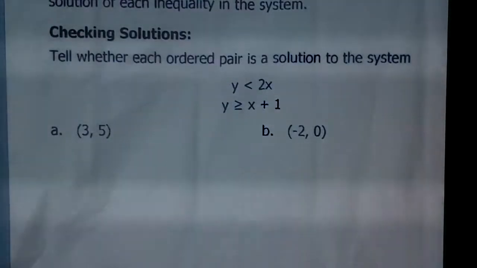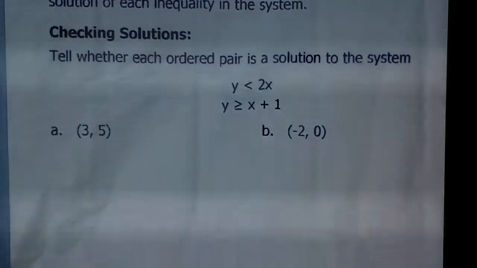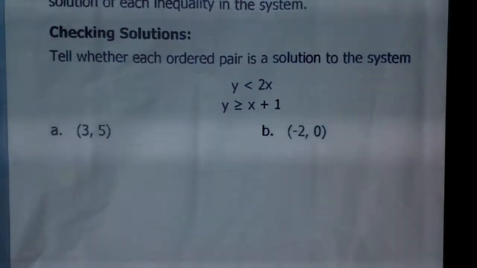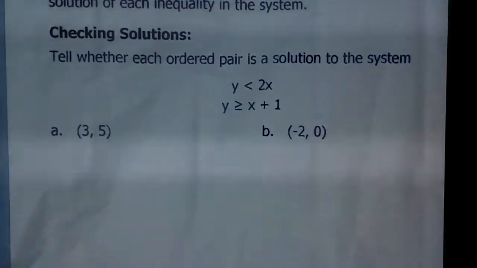Okay, so you need to know how to check your work, so we'll start right off explaining how to do that. To tell whether an ordered pair is an actual solution to the system, it has to, when you plug it in, make both equations true in the system. So let's say I give you this system, y is less than 2x and y is greater than or equal to x plus 1, and I say, is (3, 5) a solution to this system?